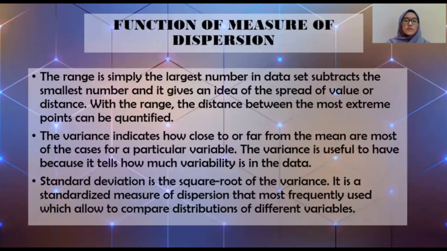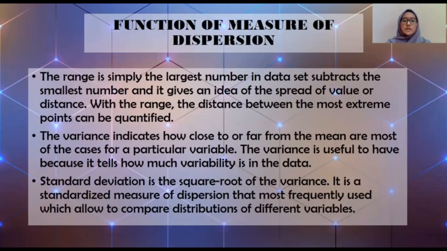Function of measure of dispersion. The range is simply the largest number in a data set minus the smallest number, and it gives an idea of the spread of values or distance. With the range, the distance between the most extreme points can be quantified. The variance indicates how close to or far from the mean most of the cases are for a particular variable.